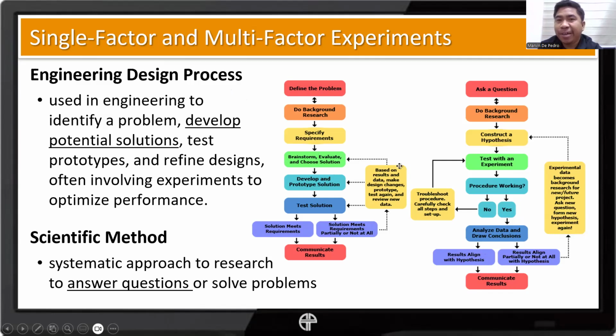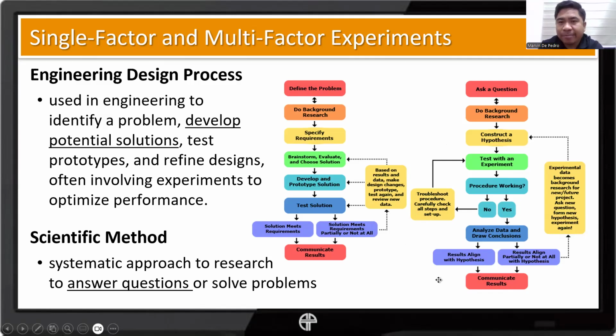So either way, there is an experiment involved, and possibly both of these are dependent on the other. My point is, in engineering, we are normally involved in both of these things: the scientific method and engineering design.